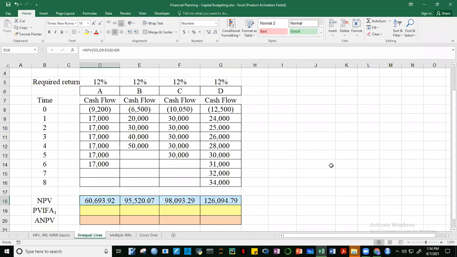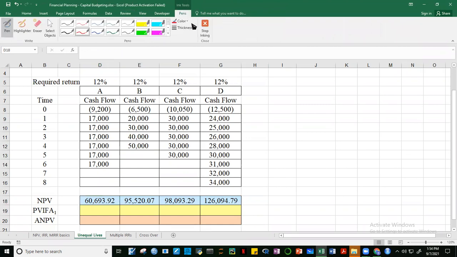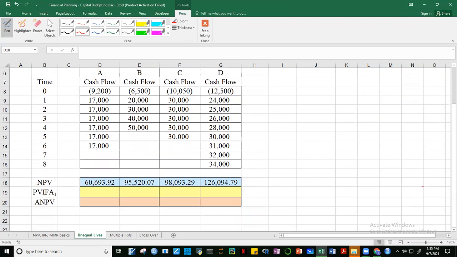All right? So what we're going to do is, how do we compare them? Again, we're going to standardize them. Paano natin siya i-standardize kung magkakaiba yung project life? So let me first explain how we're going to do it. Okay, let me put this up first.